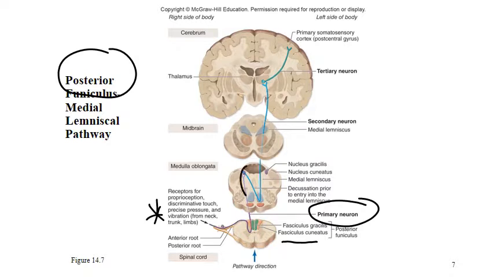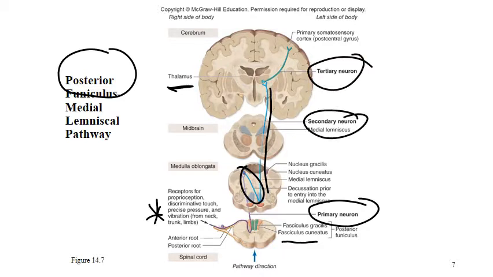We're going to see it decussate here. It's going to cross over sides and then continue on. You're seeing the super long axon coming up here to connect in the thalamus with that tertiary neuron. So again, we've got our primary, our secondary, and our tertiary neuron. And then that tertiary neuron is going to bring this up into the primary somatosensory cortex of the cerebrum, called the postcentral gyrus.